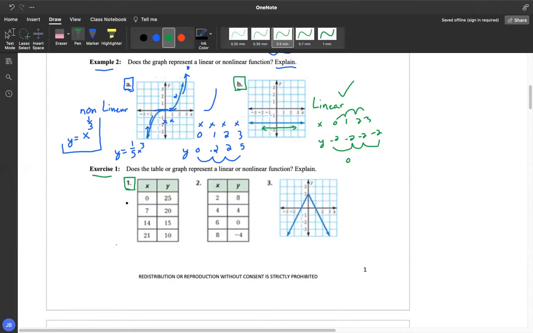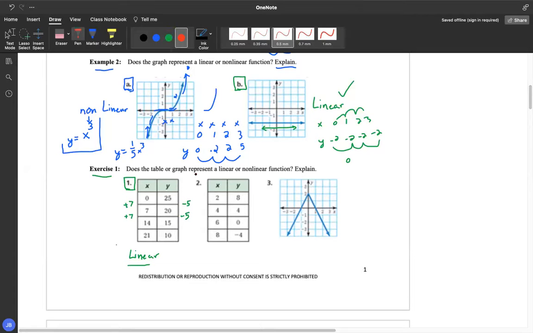I think it's linear. Linear, and why do you think it's linear? Because the y and x are going up at a steady rate. Perfect, yep. Looks like these are going up 7, and these are going down 5 at a constant rate. So it's linear. Good job.